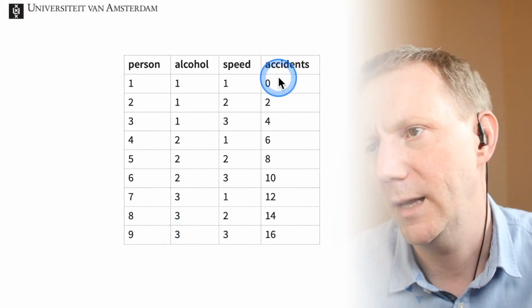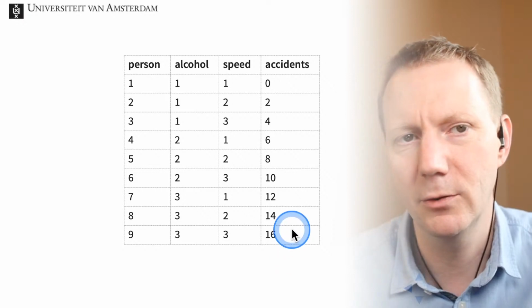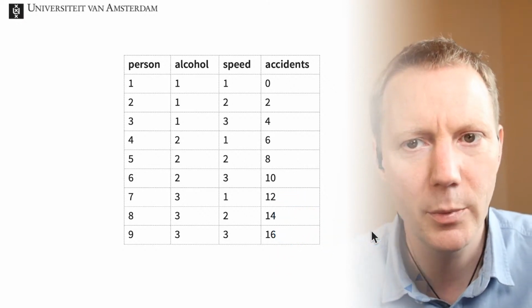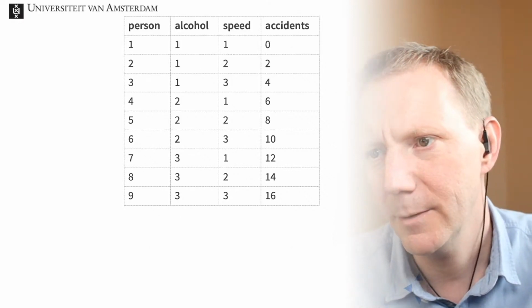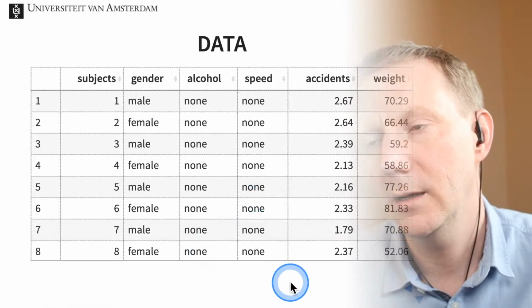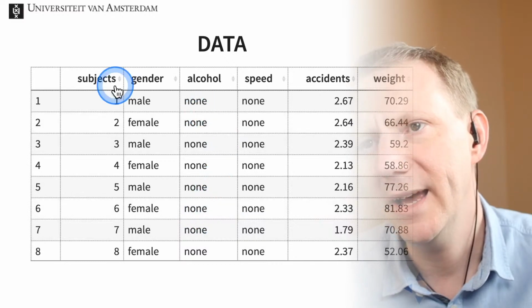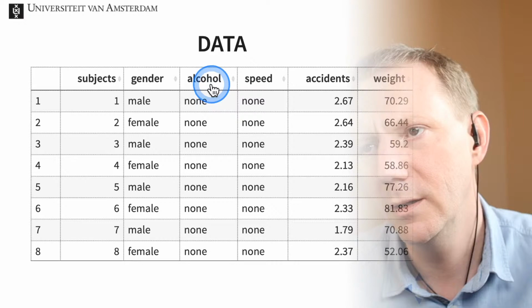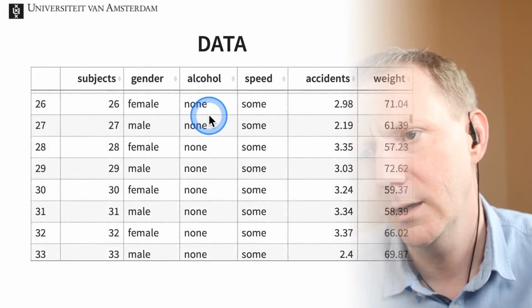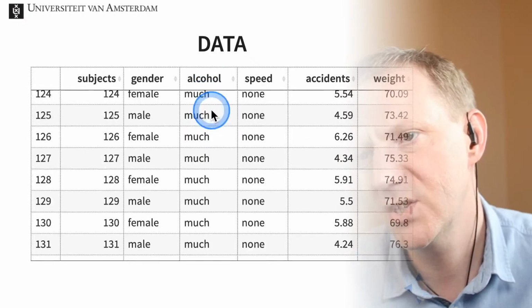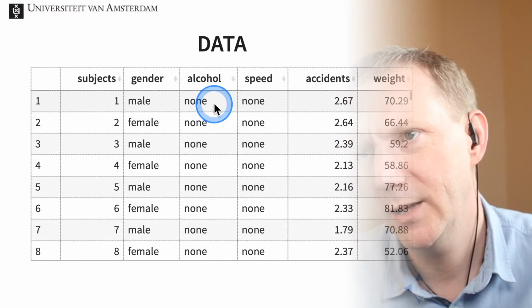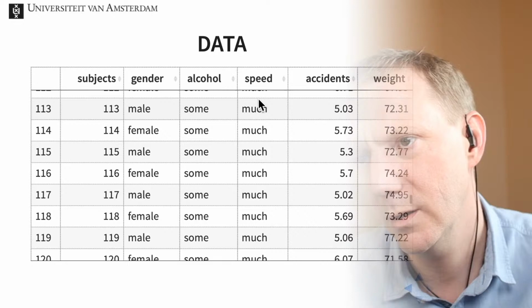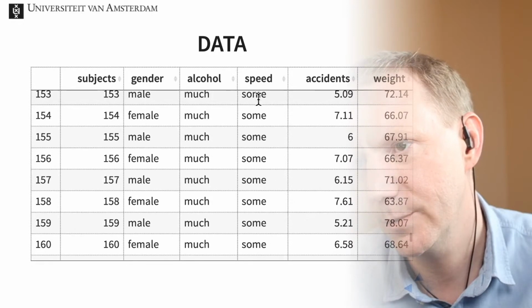And well, I've just filled in some scores here that could be possible outcome variables, but this is the way it is set up. And the data looks then a bit like this. I have alcohol, which could be none, some, or much, and we have the amount of speed, none, some, or much.